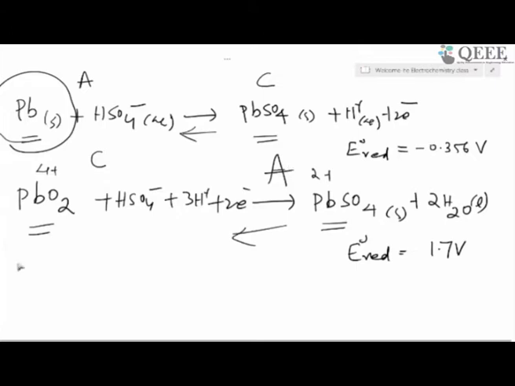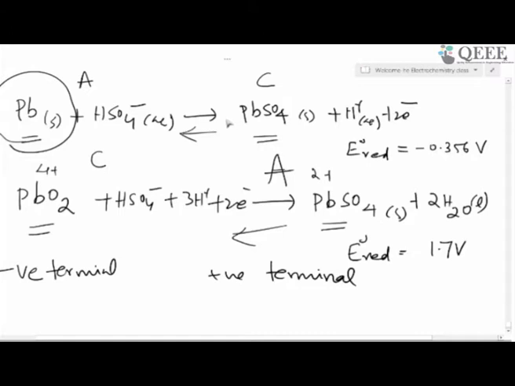Hence there is a new terminology which is adopted, called negative terminal and positive terminal. So what you need to do is look at the discharge reaction. When you discharge, whichever electrode where oxidation happens, that's called the negative terminal. That means lead is the negative terminal, whereas lead oxide is the positive terminal.